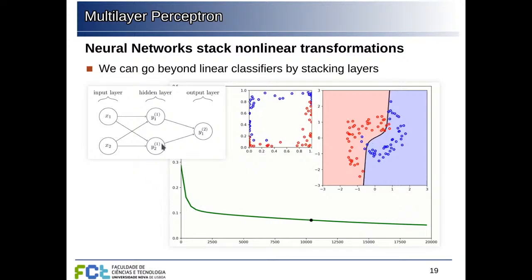And this is possible because these neurons are independent of each other, and each one has a nonlinear transformation, that sigmoid function, for example. So when we combine these two nonlinear transformations, we get something that is different from the original data, and it can help us solve the problem.